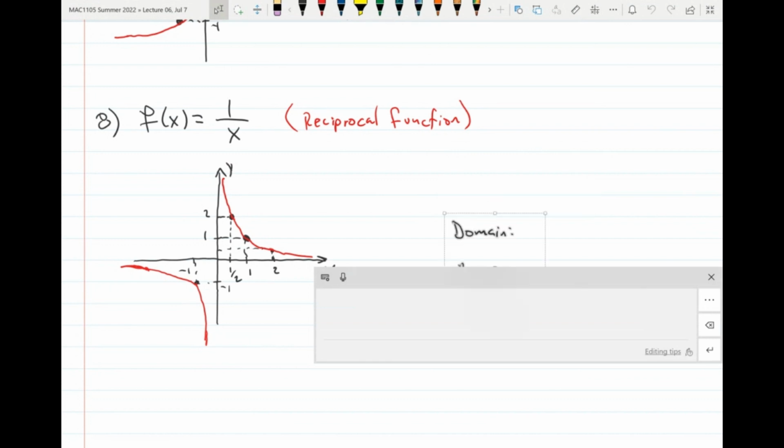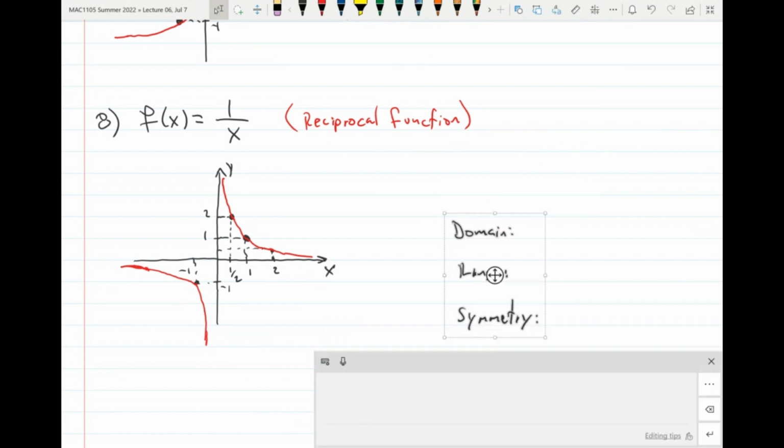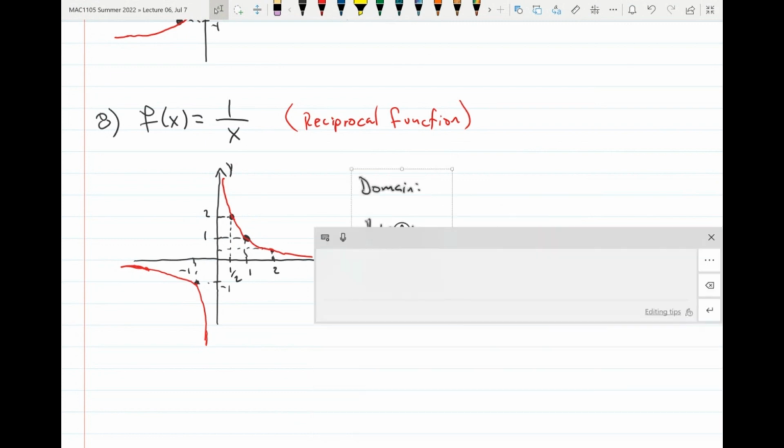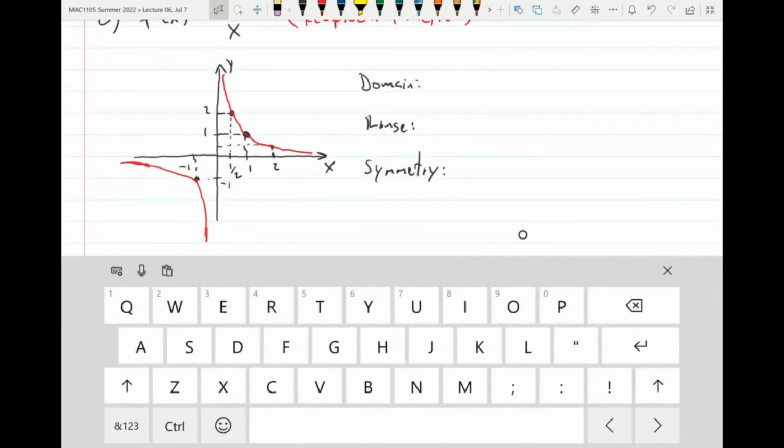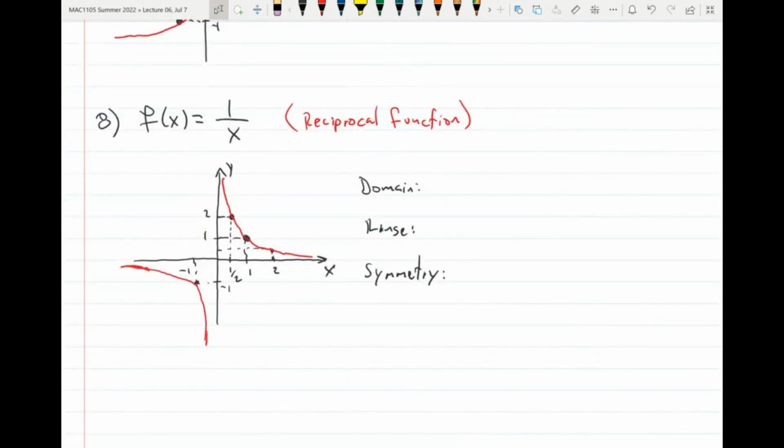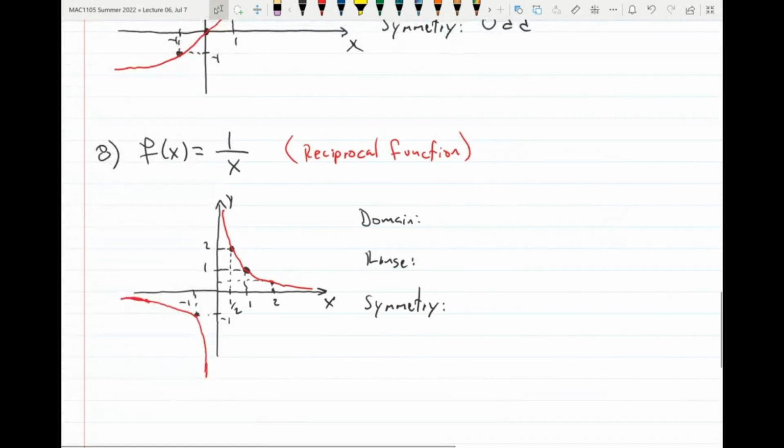If you don't know what the graph is, you just have to find one piece, and then by symmetry, you get the other one. But the function needs to have symmetry, of course. Okay? All right, so again, we're going to have an entire section dedicated to rational functions, so we'll have more time to talk about this then. So I'm not going to be addressing this one too much until we get to rational functions anyways.